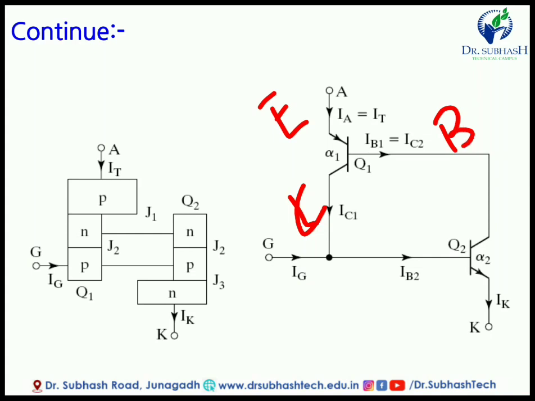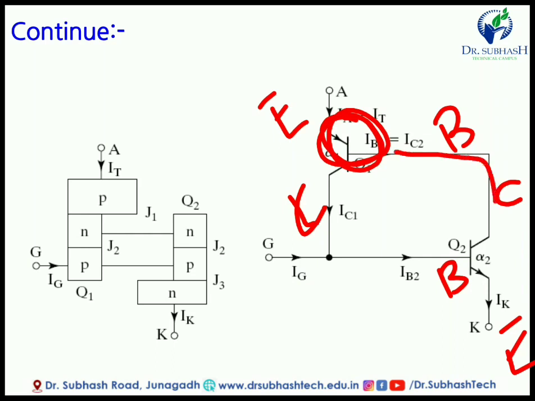The base of Q1 is connected to the collector of Q2, and this gate terminal and this collector terminal are directly connected to the base of transistor 2. Here the emitter is not connected to the second.